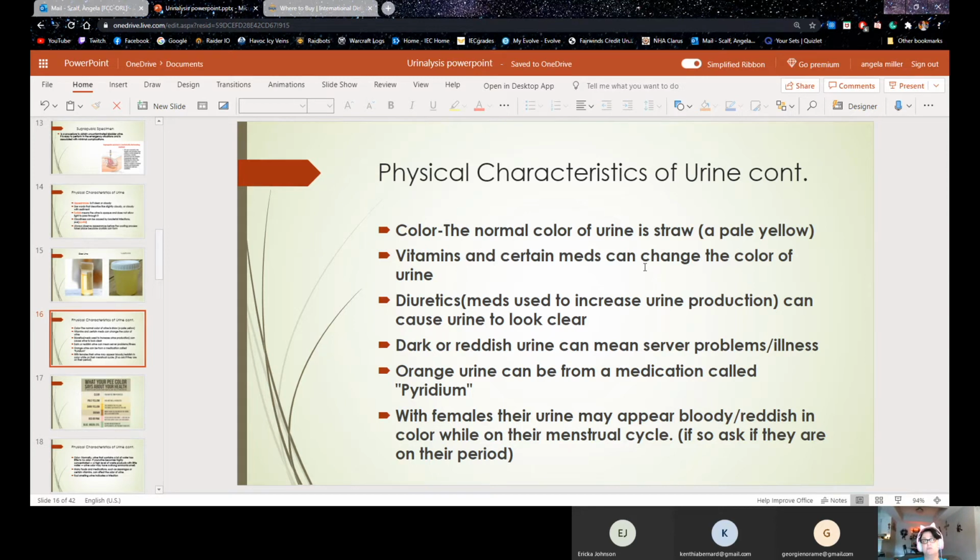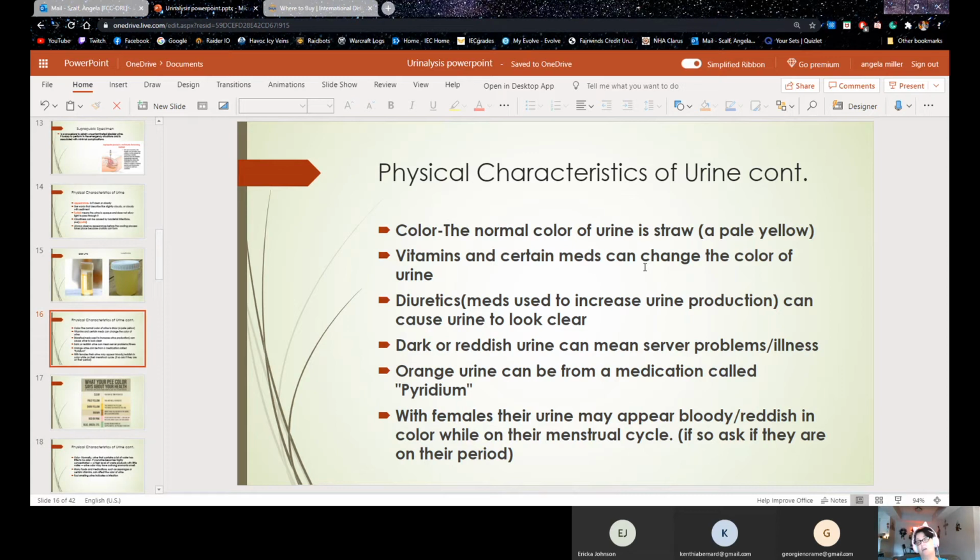But something you need to remember is that vitamins can commonly affect a patient's color of their urine and the smell of their urine, okay? And so if you see urine and it's kind of greenish or it's this or that, it's probably something that they ate.